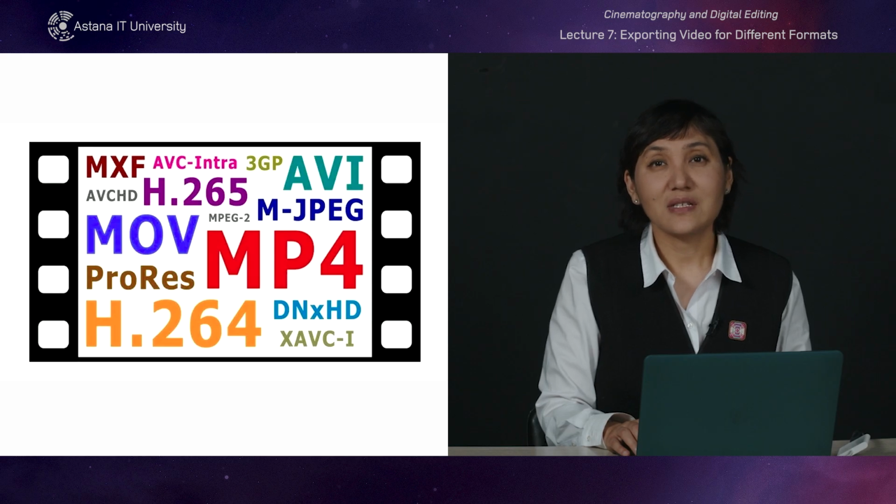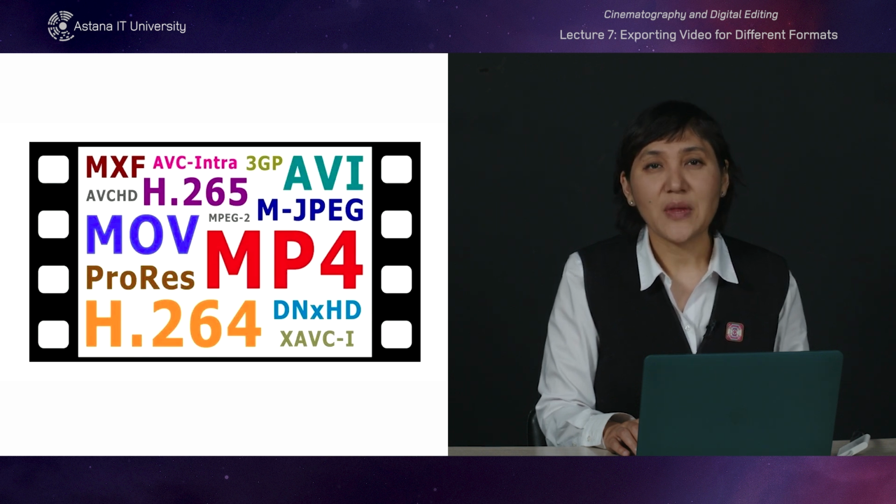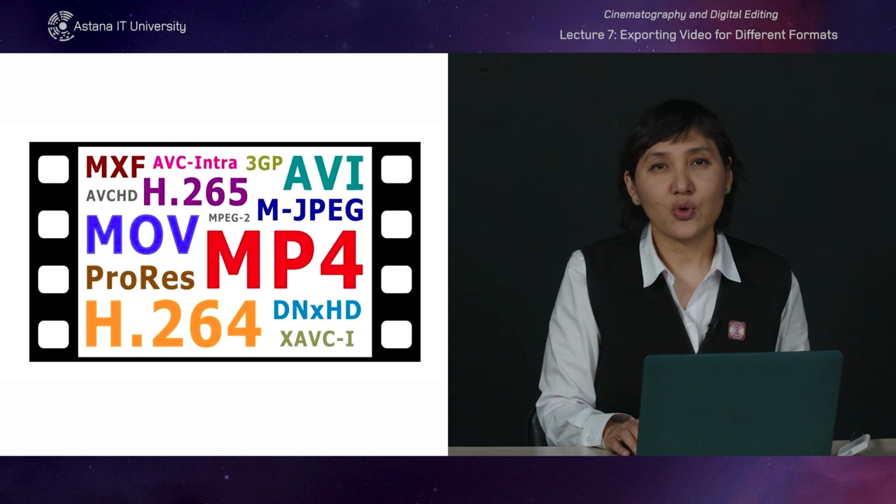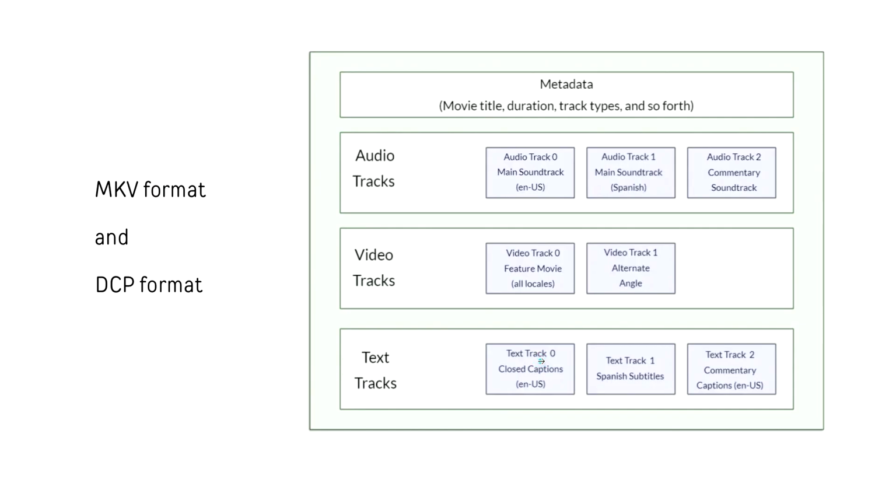AVI is another format that offers high quality, but the file sizes tend to be much larger, which can be a limitation for web-based projects. It's often used in specific workflows, particularly when high fidelity is prioritized over the file size. MKV format is typically used for storing video files with multiple audio tracks, subtitles, and metadata, making it a preferred format for archiving or streaming with multiple language options.